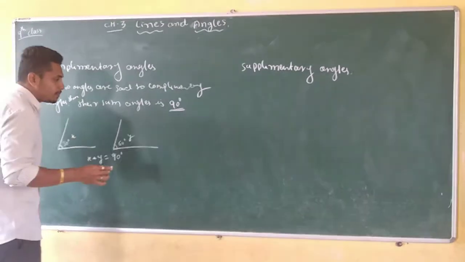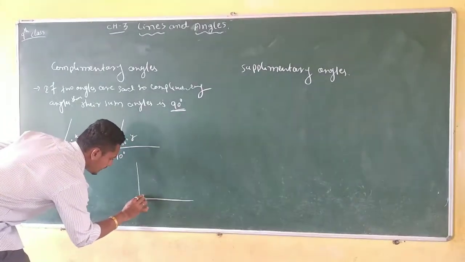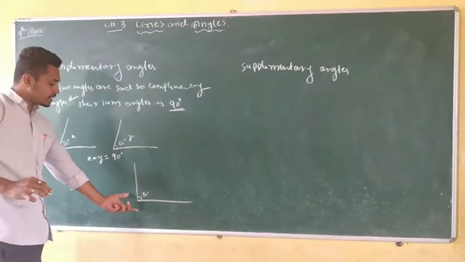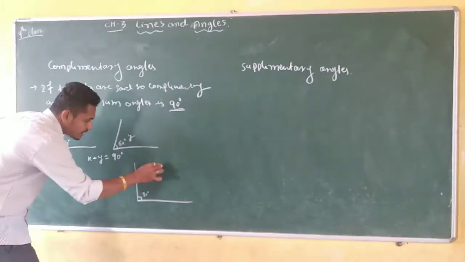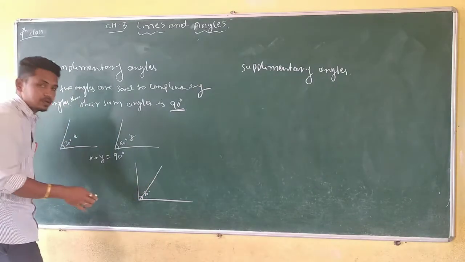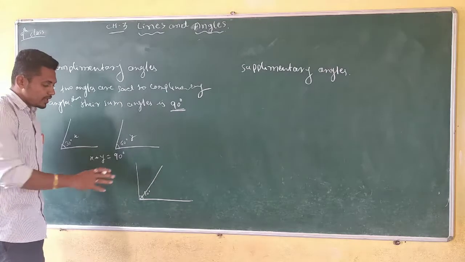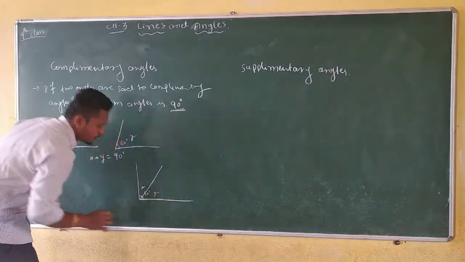Take another example. See here, this is a perfect 90 degree angle, which can be called a right angle. The right angle has one common arm that divides it into two angles. This angle is called x, this angle is called y.